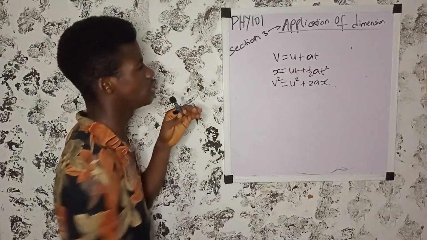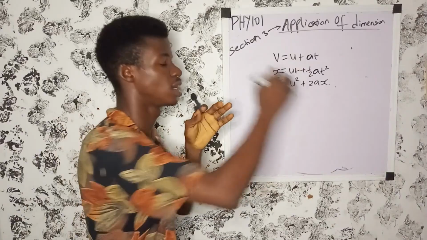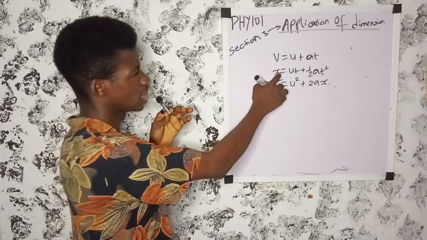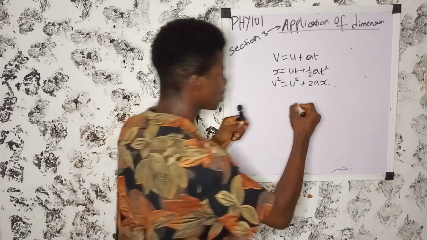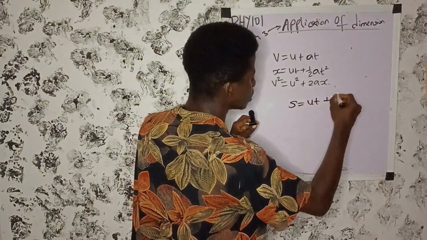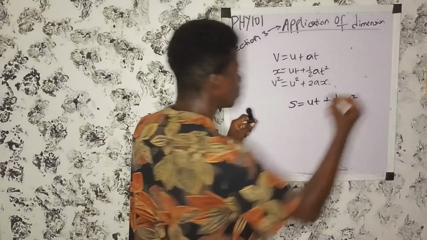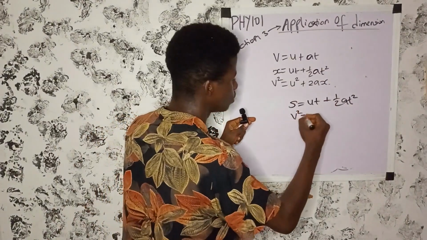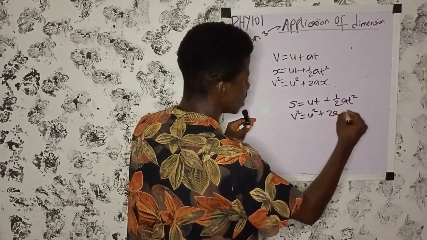Now how do you know if these equations are correct? Before then, if you check the second equation, it is the same thing as S equals UT plus half AT squared. Then this other one is the same thing as V squared equals U squared plus 2AS.